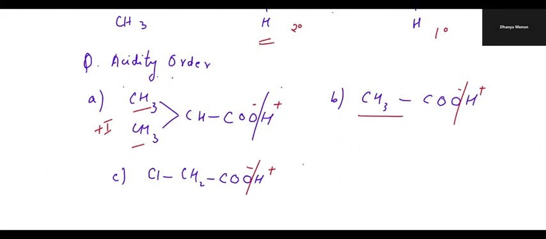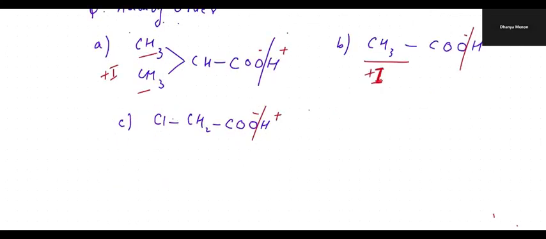So if plus I effect group is there, that means the acidity is lesser. But in this case, you have an electronegative atom, chlorine, that will pull the electron towards itself. It has minus I effect group. So the A minus anion is more stable. This charge is distributed, and the H plus ion is lost readily. So it is most acidic. So definitely C is more acidic.